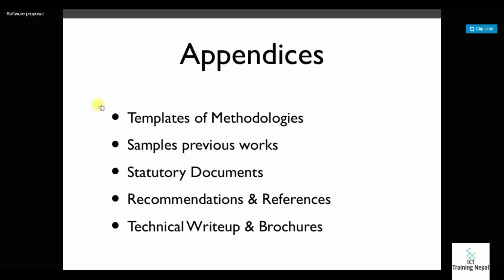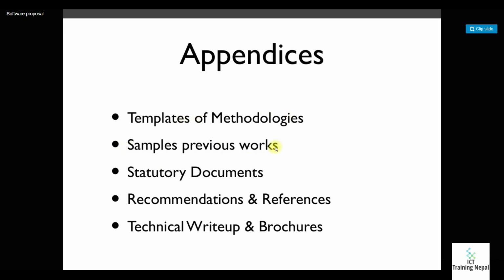You have to specify those methodologies, and for that you can search for two or three methodologies and go with one, covering its advantages and disadvantages and which is suitable for your application.